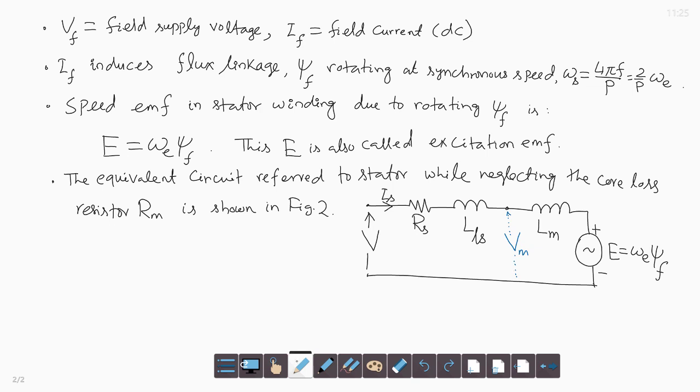And this stator leakage inductance and the stator magnetizing inductance combined give the synchronous inductance Ls. This is figure 2.